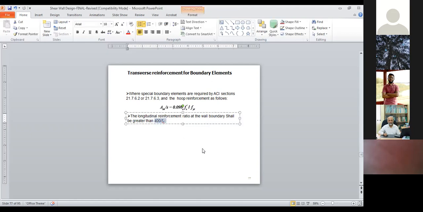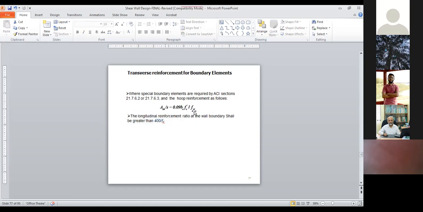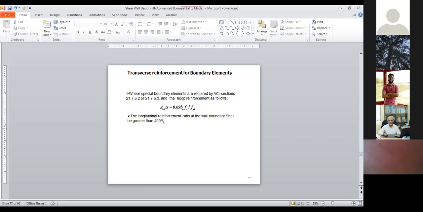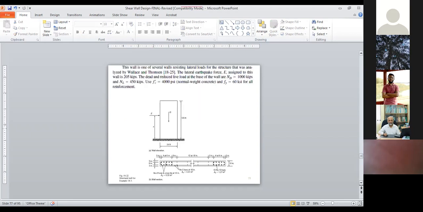This is also one of the requirements. This is for hoop ties, this is for hoop reinforcement, and this is the minimum reinforcement ratio for the longitudinal reinforcement in the boundary wall. This is the last example, with the boundary wall, with the boundary element.